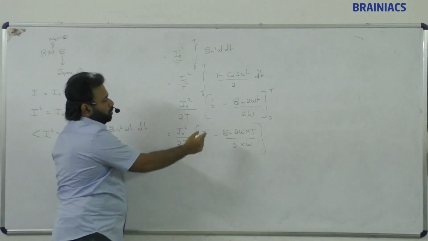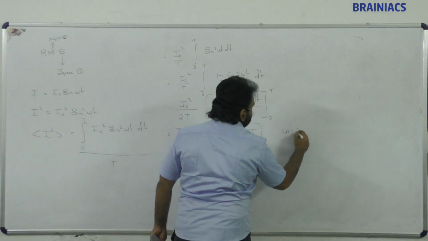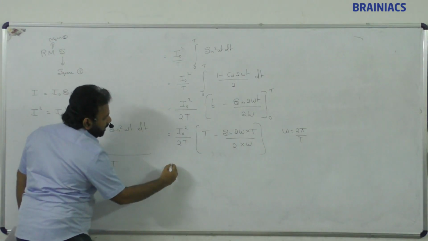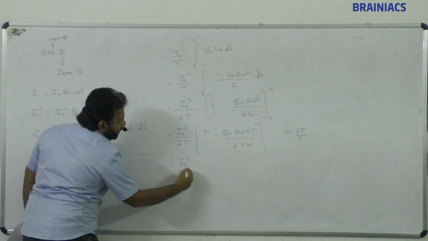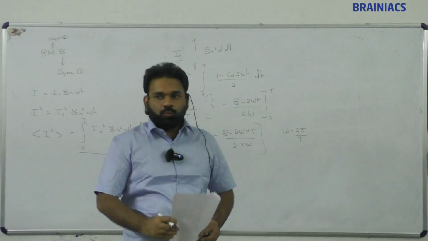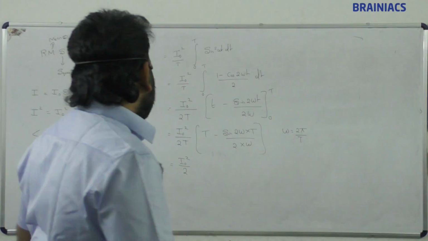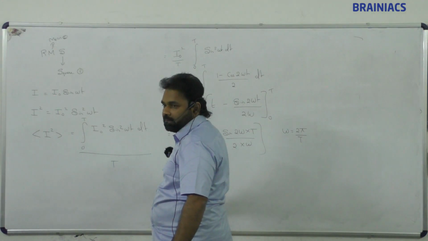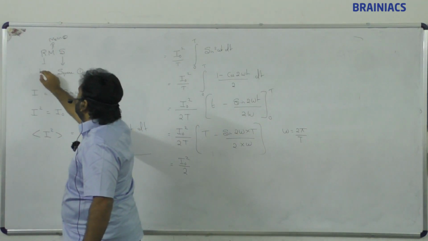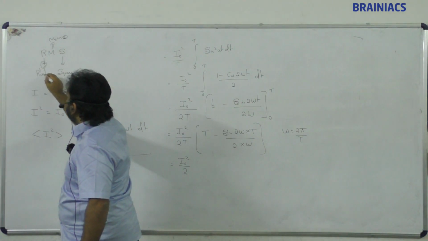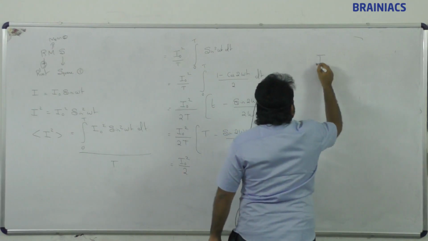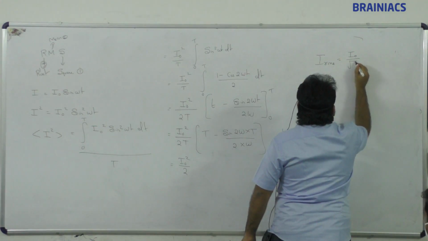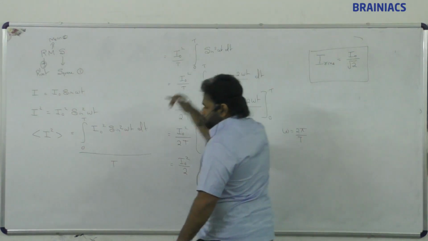Now substitute omega is equal to 2 pi by T. Finally, you will be getting this as I naught square by 2. Until this second step is over. Third step is root. So we could say I RMS is equal to I naught by root 2.